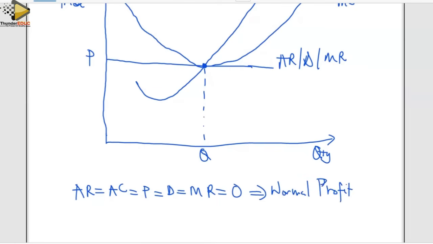All these variables are falling at that particular point. As suggested, there is no shaded area there, which means the average cost is equal to the average revenue at the market clearing price. That's basically how we illustrate those equilibrium points.